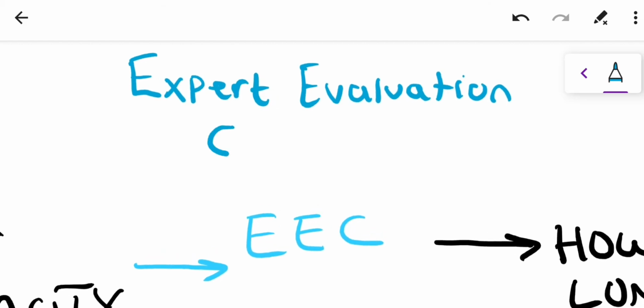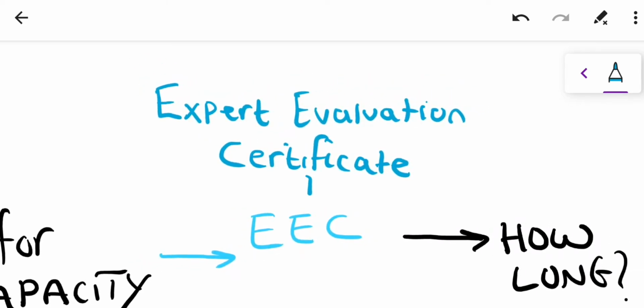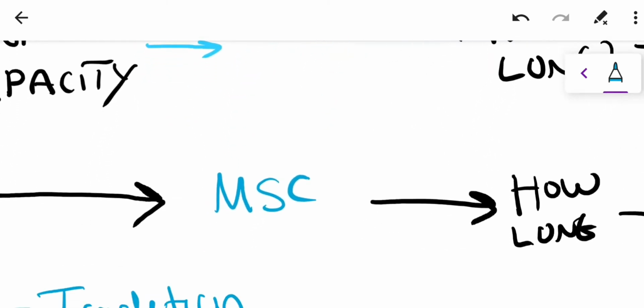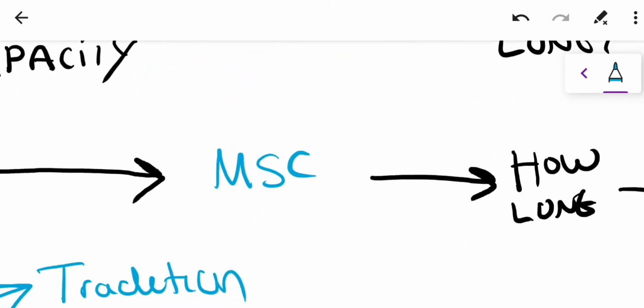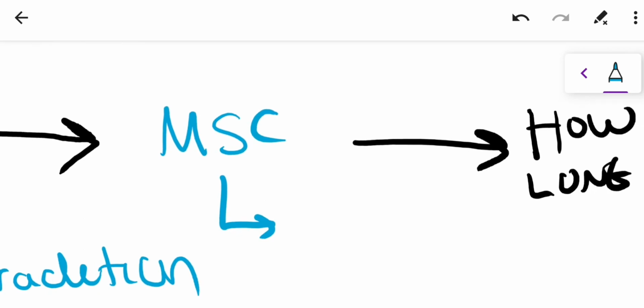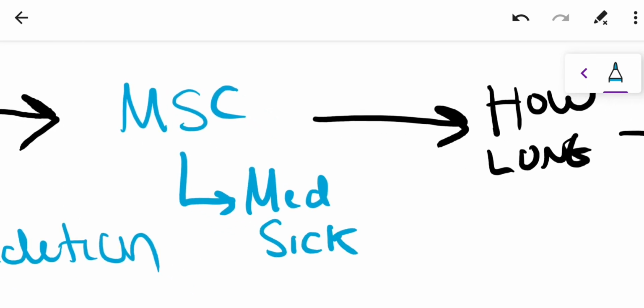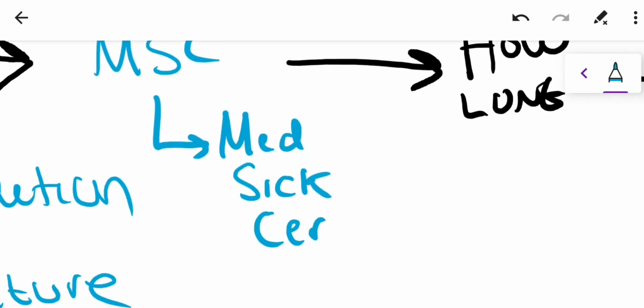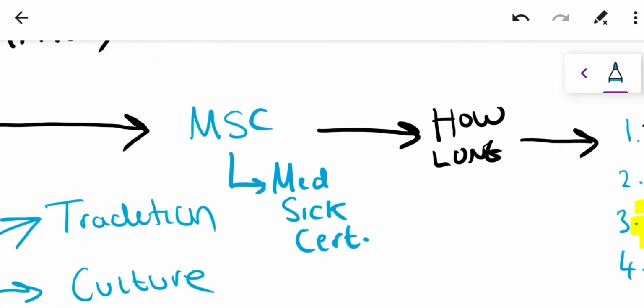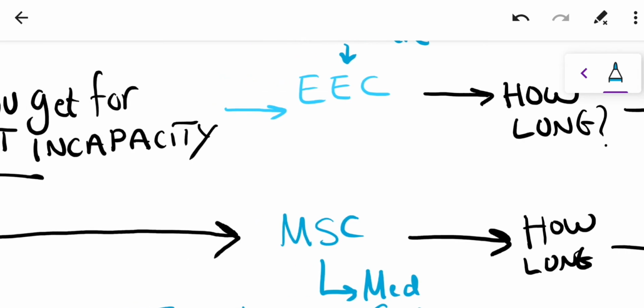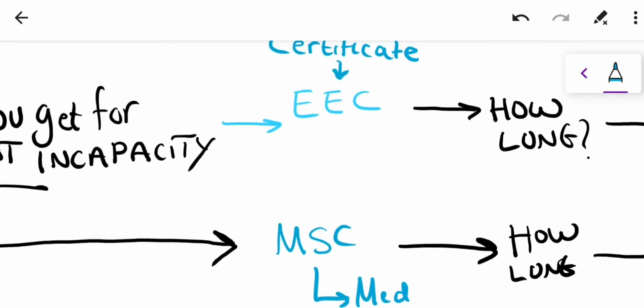I don't care. Okay. An MSc is a medical sickness certificate. So understand there are 2 different types.